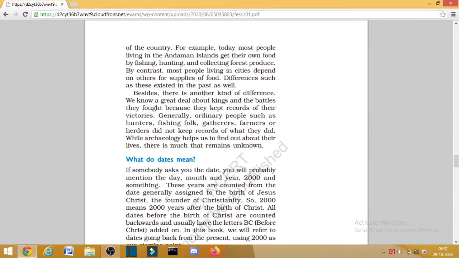Besides, there is another kind of difference. We know a great deal about kings and the battles they fought because they kept records of their victories, which king ruled where and who defeated whom.